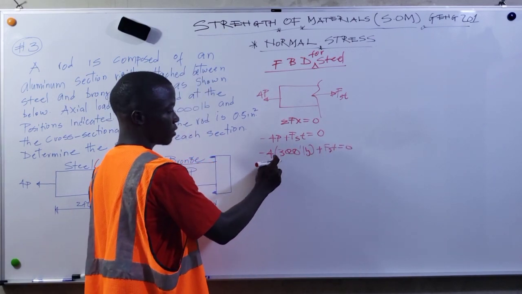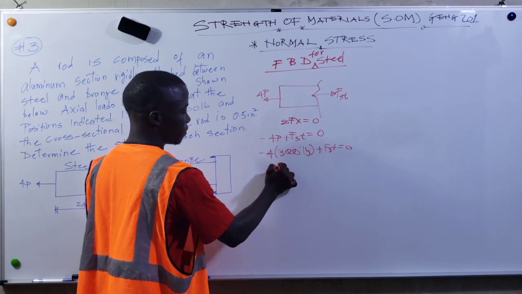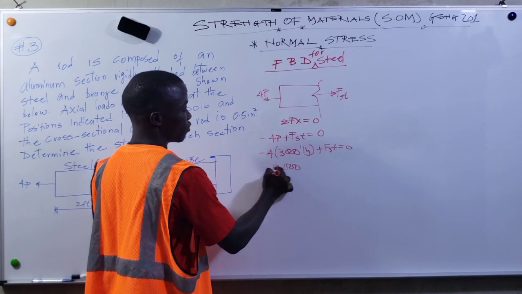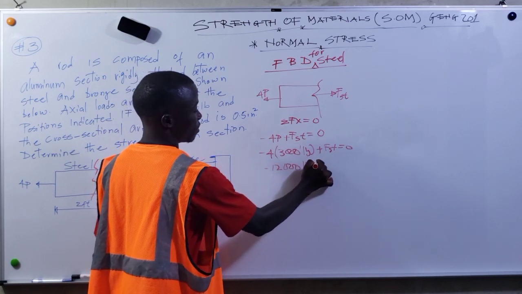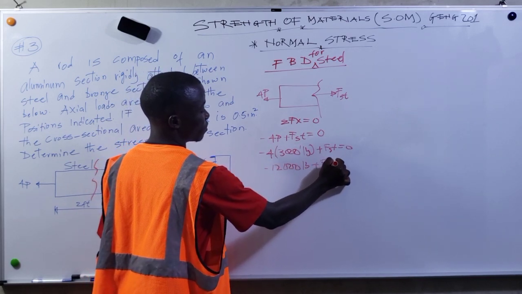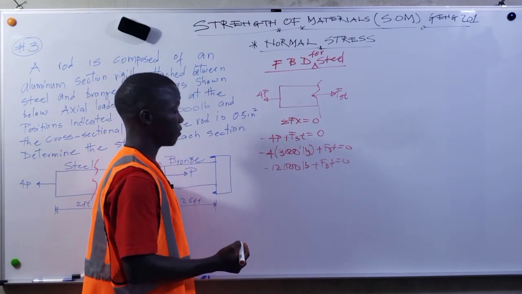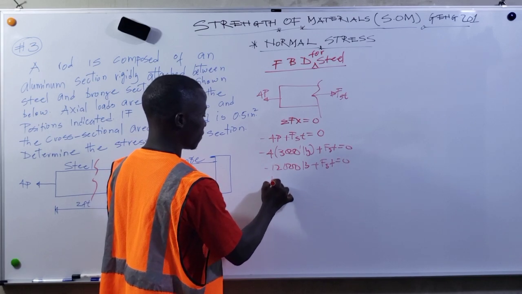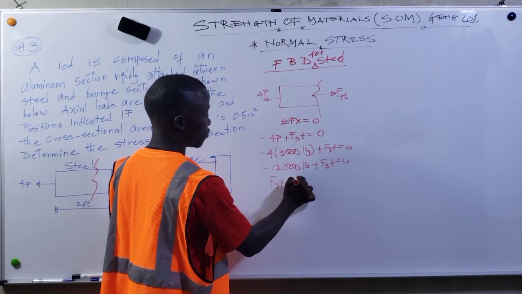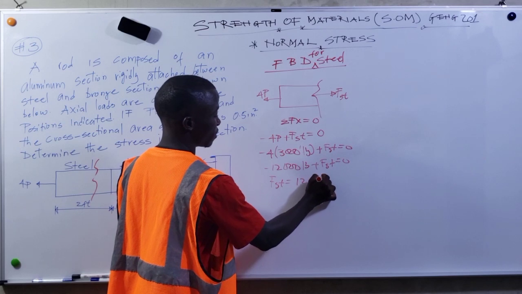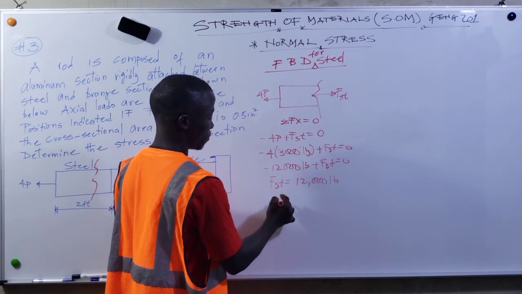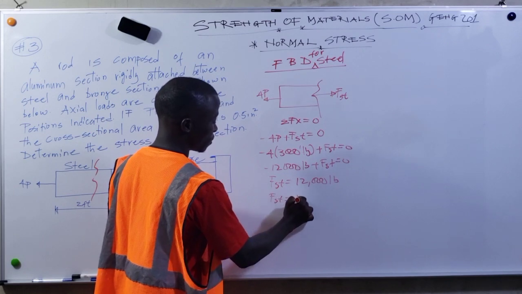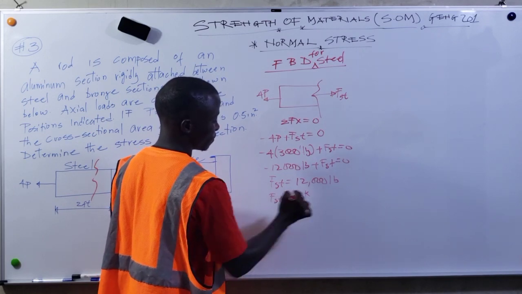So we have 4 times 3 equals 12, adding the zeros gives us 12,000 pounds plus the force in the steel is equal to 0. But we have to send the 12,000 across. So we get the force in the steel to be equal to 12,000 pounds, or the force in the steel is equal to 12 K.